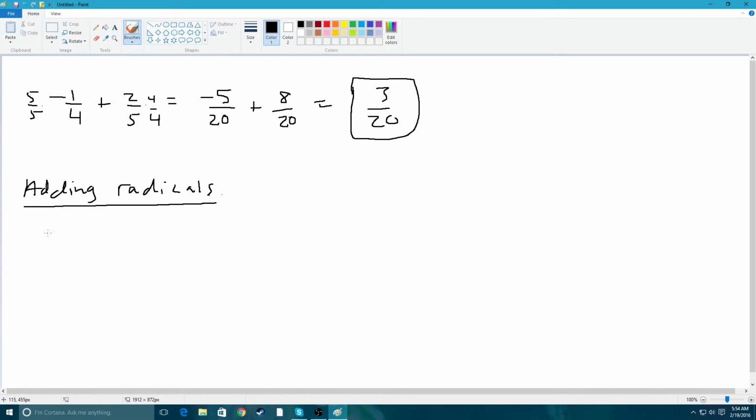So an example of this would be like number 3 on the homework. 5 root 13 minus 7 root 13. So if you have 5 root 13s and you subtract 7 root 13s, all we do is combine the coefficients in front, and we get something like negative 2 times the square root of 13. So that root 13 does not change.